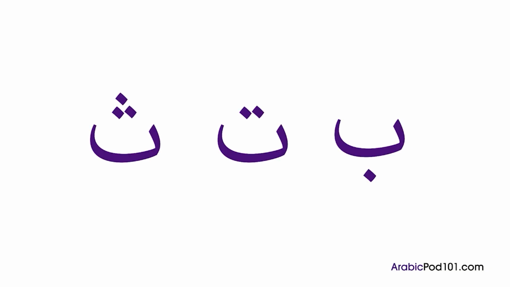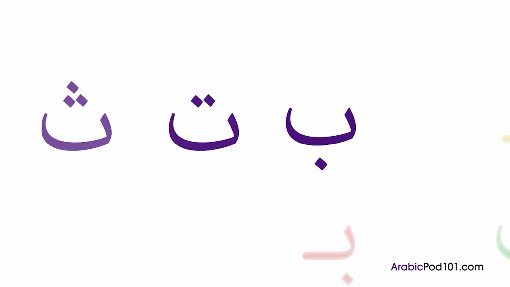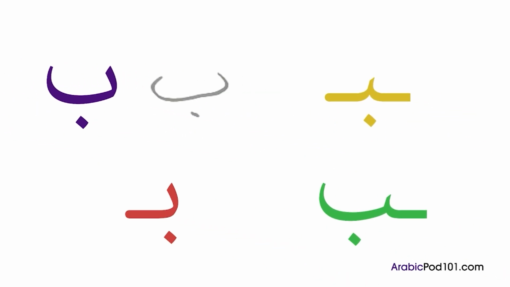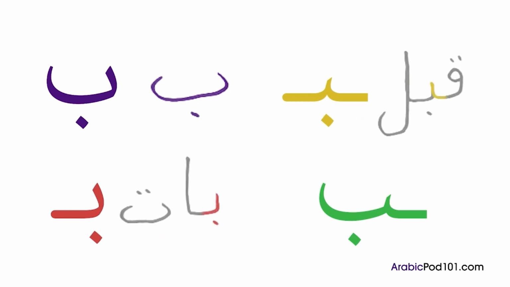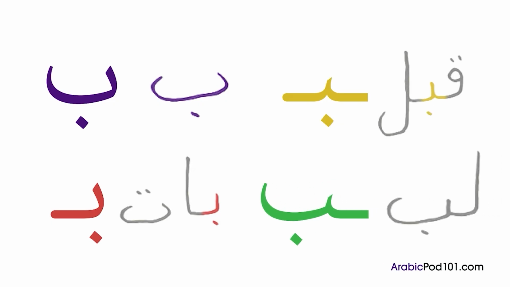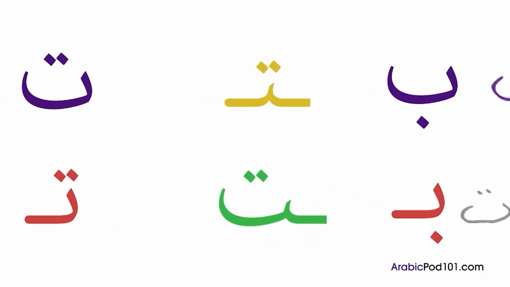In the second lesson, we learned ba, ta, and tha. First, we have ba. Isolated, initial, medial, final. Then there's ta.